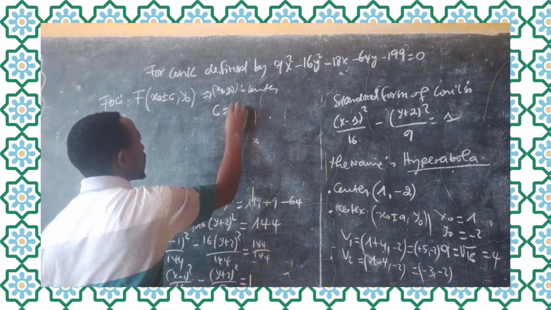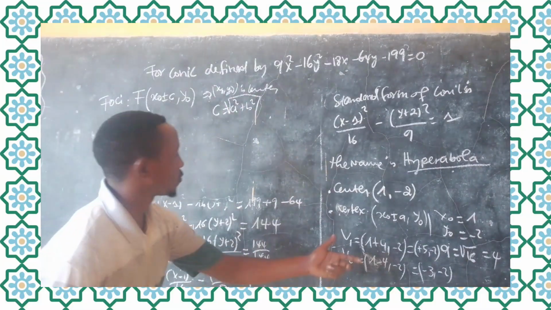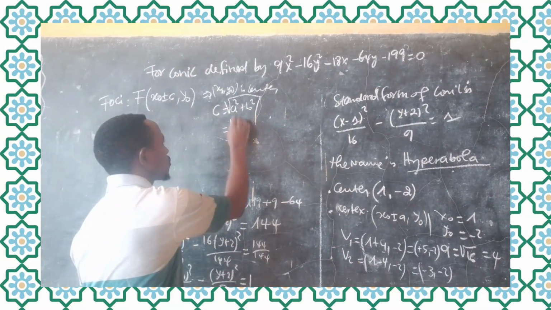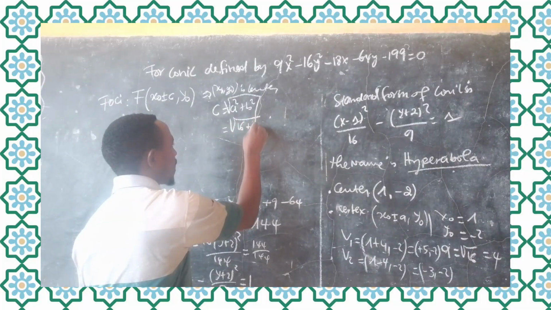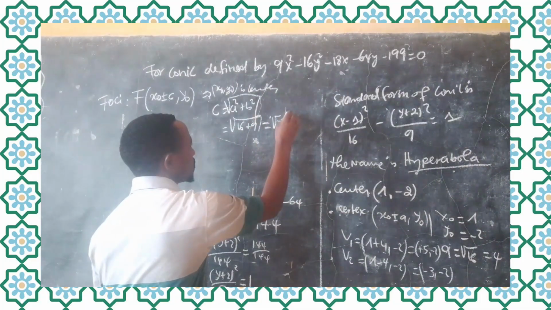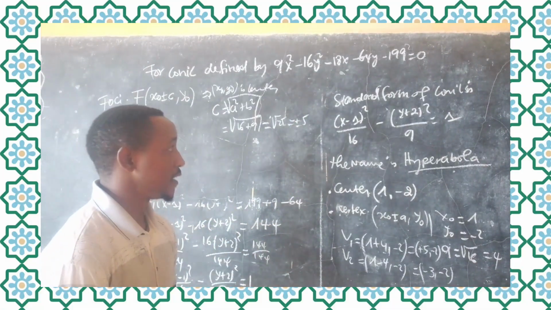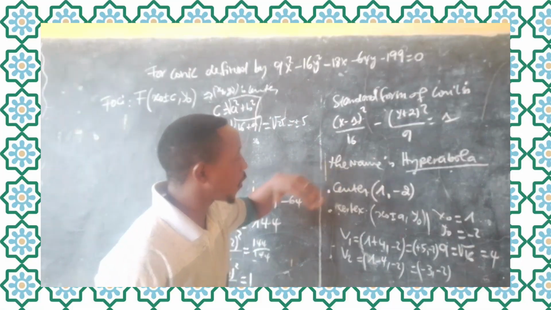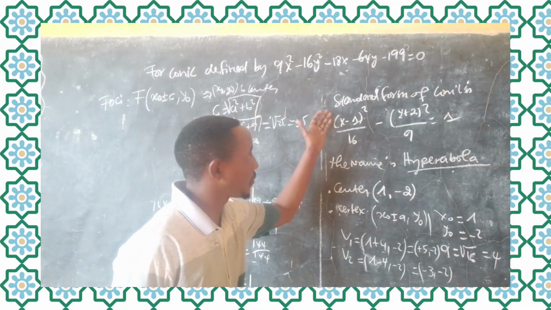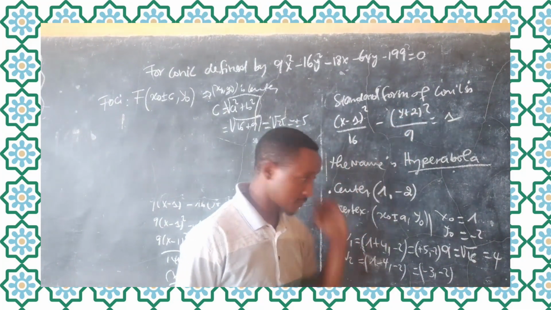C is equal to the square root of a squared plus b squared, which is the square root of 16 plus 9, which is the square root of 25, equal to plus or minus 5. But we consider positive. So this is a because it is the positive denominator, and this is b because it is the negative denominator.